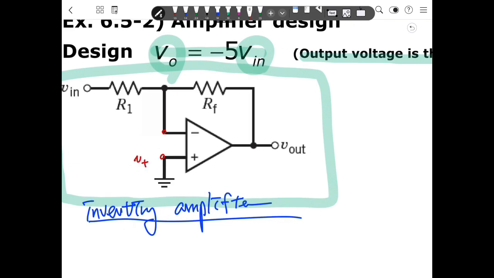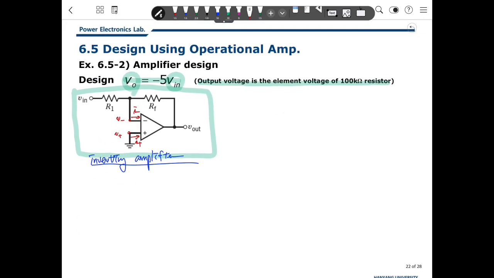First, this is V positive, V negative, I plus, I minus. Then we write V positive equals V negative, and I positive and I negative are 0. Because of the node equation over here, V positive is 0 because this is ground, so V negative is also 0.